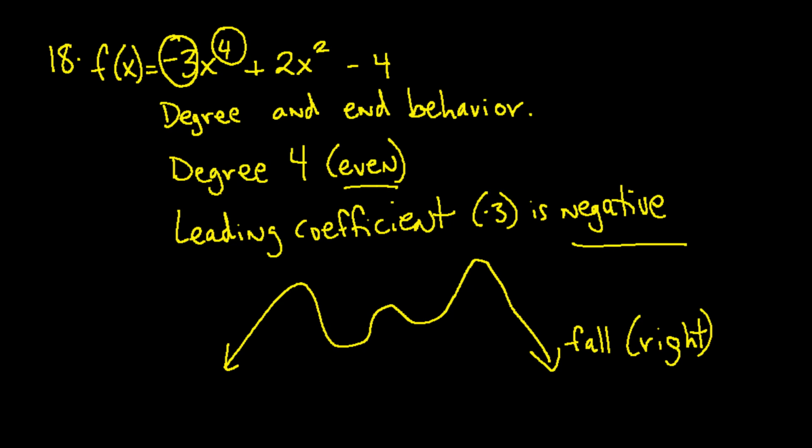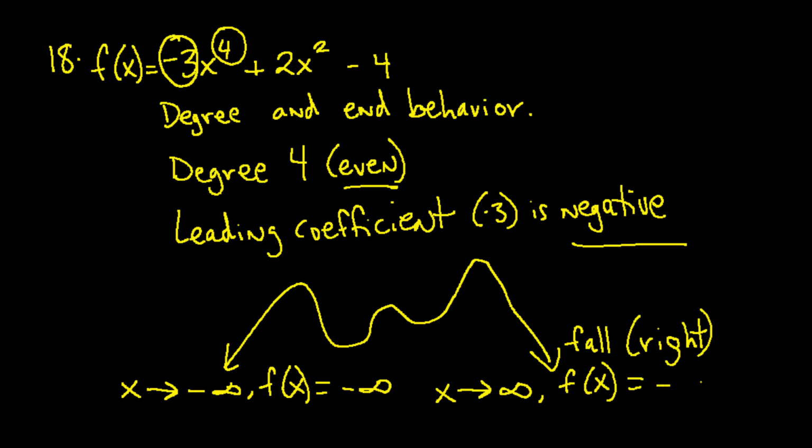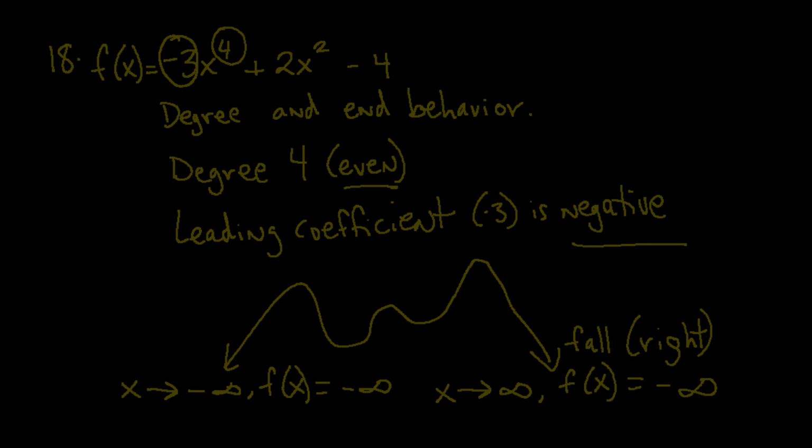We also know that since it's even, the left and right side will be doing the same thing, so they will both be falling. Another way to say that is as x approaches negative infinity, on the x-axis, the y value is going to approach negative infinity. And as x approaches positive infinity, f of x is also going to approach negative infinity because it's falling. And that's it for this problem.